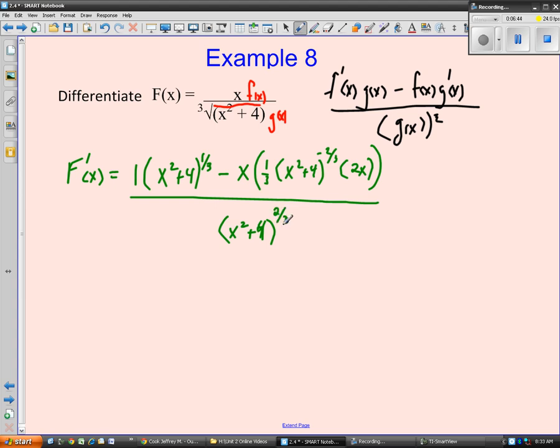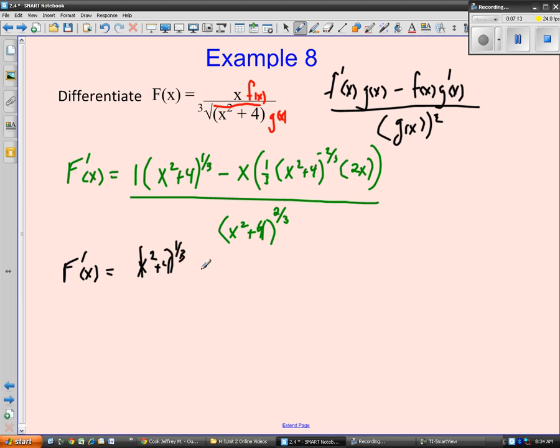And so now the trick to this one is going to be the simplification, and basically what you're going to see is that this thing's going to break into two different fractions as I do this. And so I'm going to do f prime of x will give me over here x squared plus 4 to the 1/3 power, all over, well, that just got really sloppy.